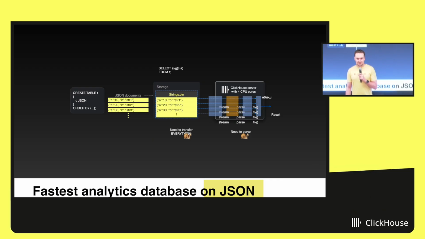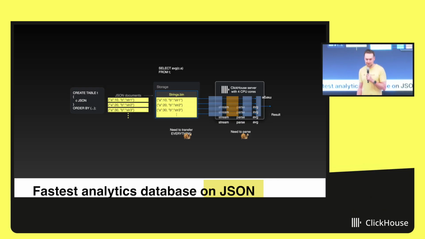But first, let's take a look at an example of how not to implement a JSON data type. How not to do it? For example, we could store all JSON objects as strings. Then these objects will be in just a single file on disk. But when we do a query, when we read a key from JSON, it will have to read all these objects from disk.